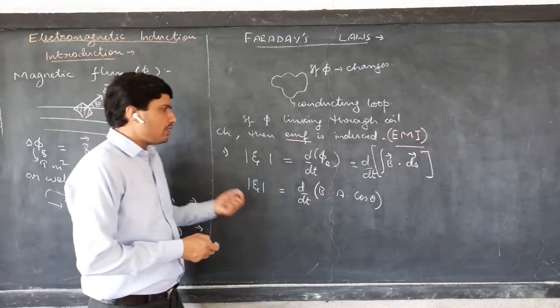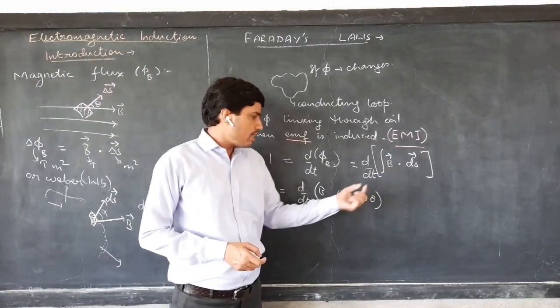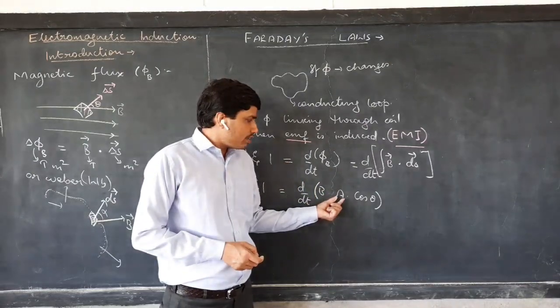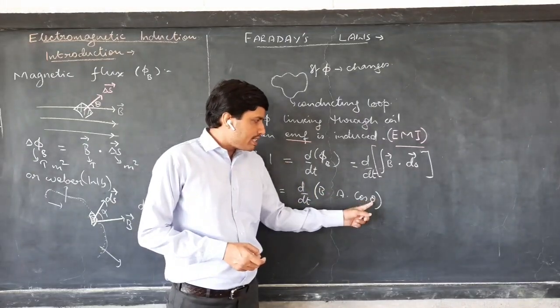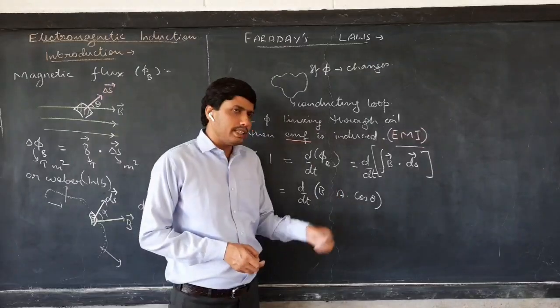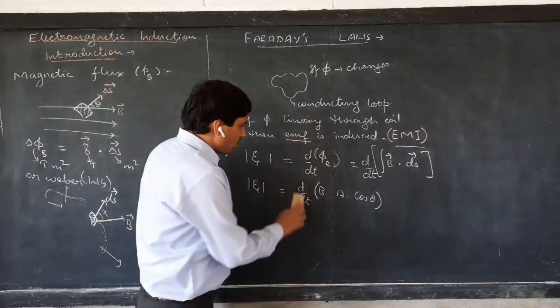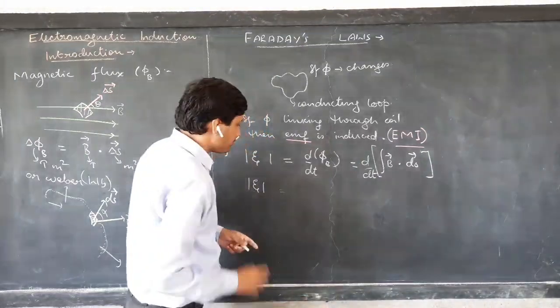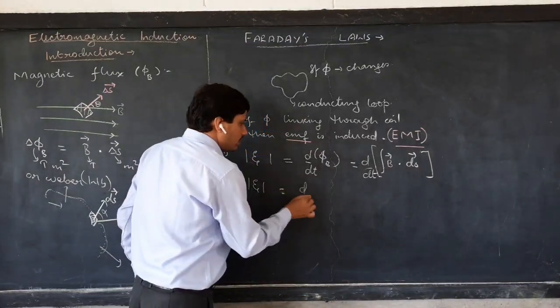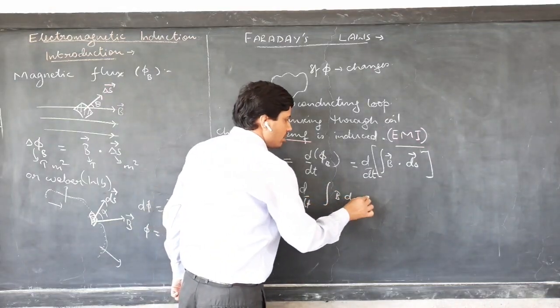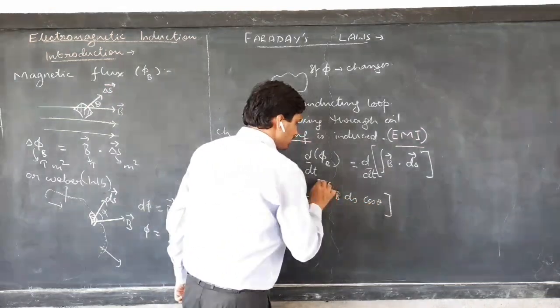B is the value of the magnetic field at that location where the surface has the value of area as A, and theta is the angle between B and A. And this we can integrate also. So let me write in this form only: d by dt of integral B times ds times cos theta.